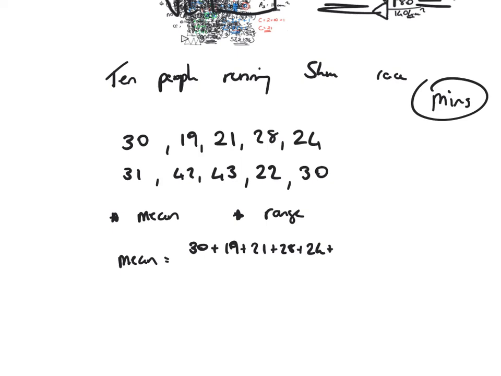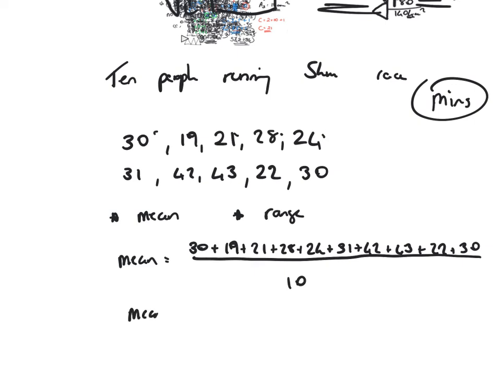So 30 plus 19 plus 21 plus 28 plus 24 plus 31 plus 42 plus 43 plus 22 plus 30, and we're dividing that by 10. Okay, so put that into your calculator. That'll be 290 divided by 10, so the mean time then is 29 minutes to run the 5k.